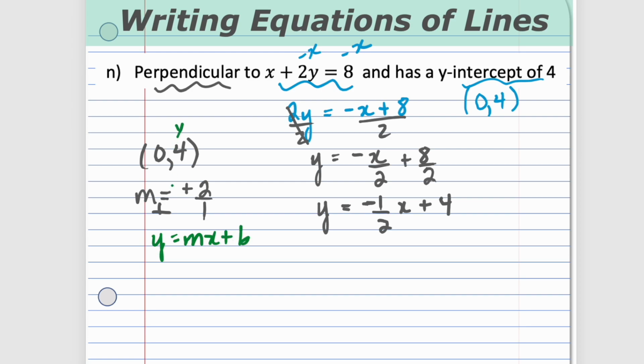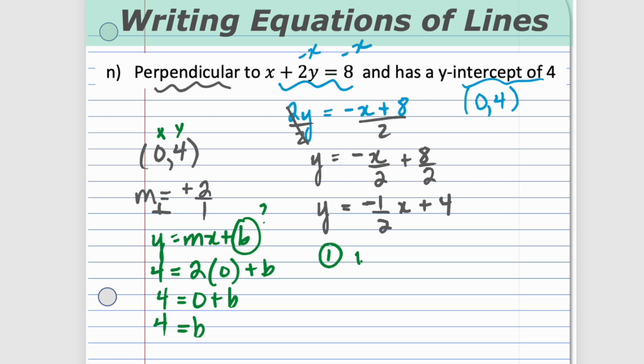The y value is 4. Slope is 2. X value is 0 plus b. We'll get the b, the y-intercept. 4 is equal to 0 plus b, so b is equal to 4. We can write the equation. It would be y is equal to 2x plus 4.